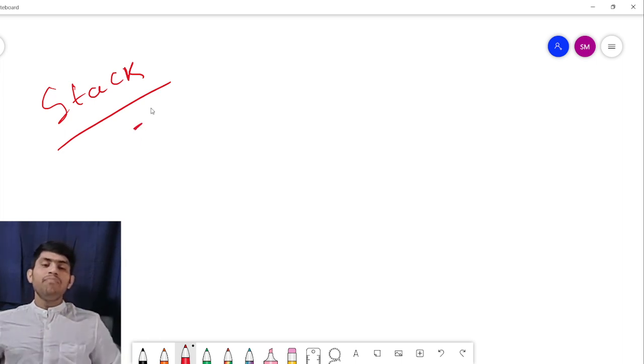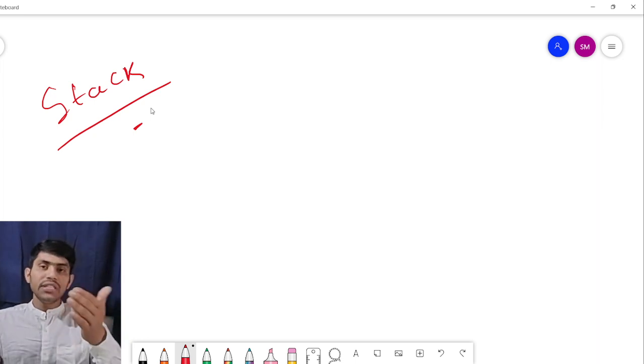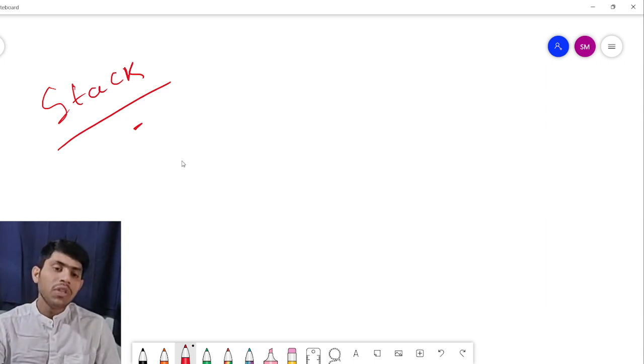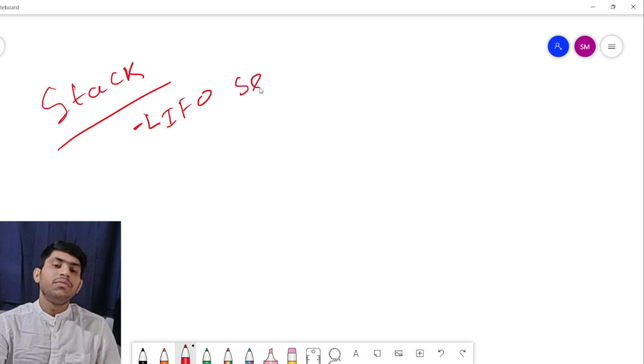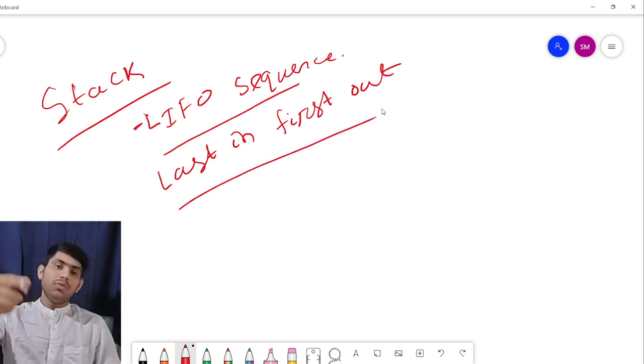So as we know, what type of data structure is the stack, students? Stack is a linear data structure. So linear means it will follow one sequence. So what sequence will the stack follow? Stack will follow the LIFO sequence. So what is the LIFO sequence? Last in, first out. The elements that enter the stack last will become first out.